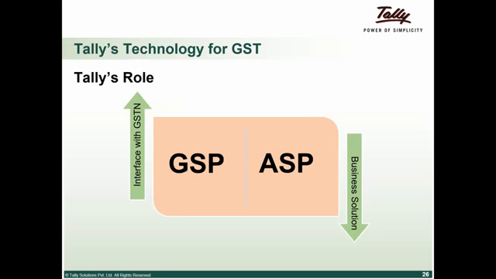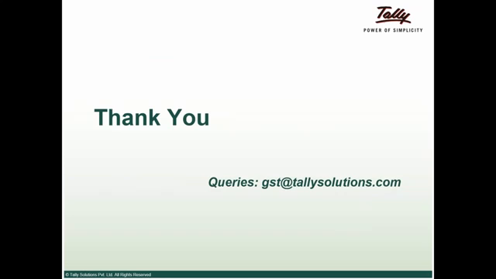You can do wonders by being a GSP and ASP, and the kind of experience that we can give in the business solution as a Tally product is going to be phenomenal, something we have not even dreamt of in our wildest dreams. That's basically the change in technology and the advancement in the interface, communication and connectivity that is going to happen between the GSTN, the GSP and the ASP. So that's all I have.